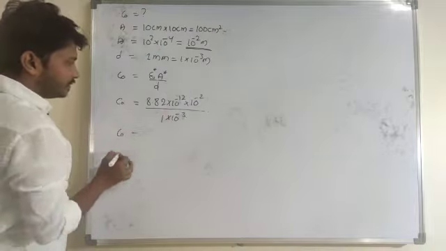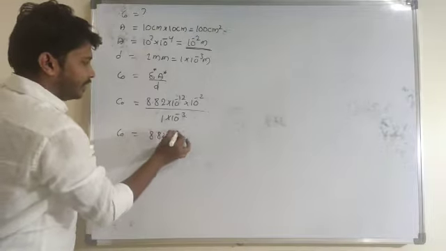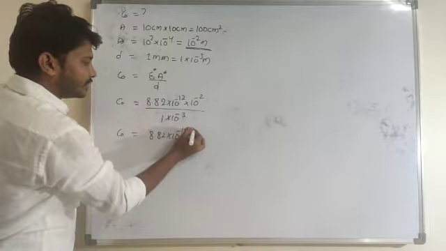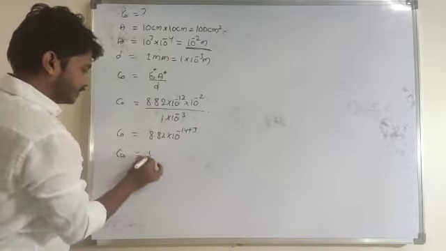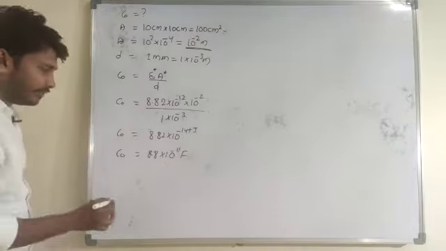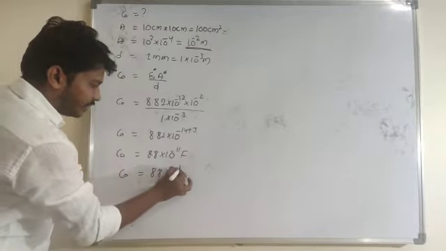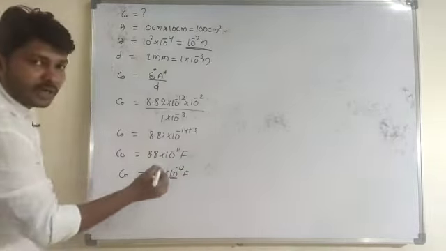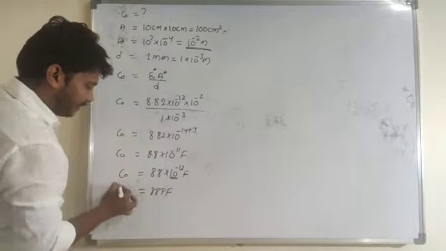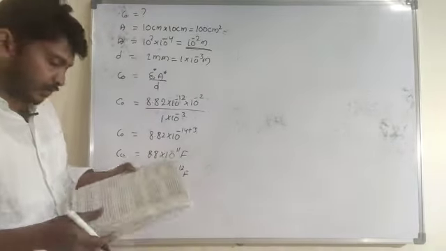So C naught is 8.85 into 10 to the power of minus 14 divided by 10 to the power of minus 3, which gives 88 into 10 to the power of minus 12 farad. 10 to the power of minus 12 means pico, so 88 picofarad. What is the answer here? The capacitance of the parallel plate capacitor is 88 picofarad.